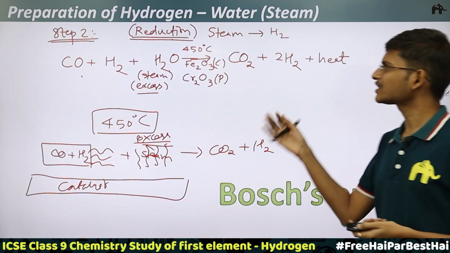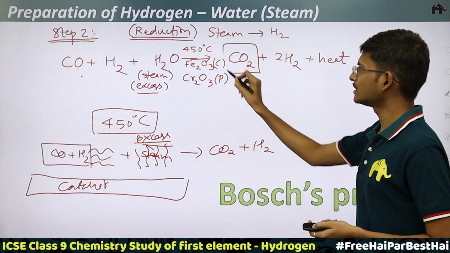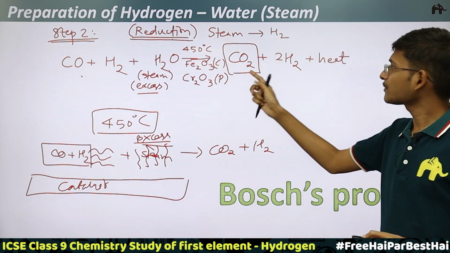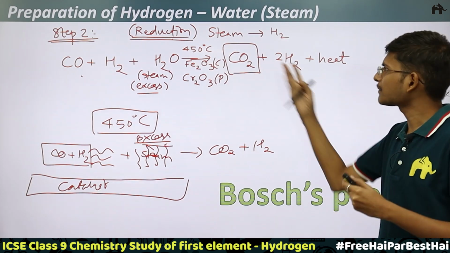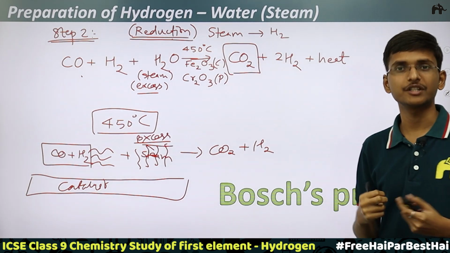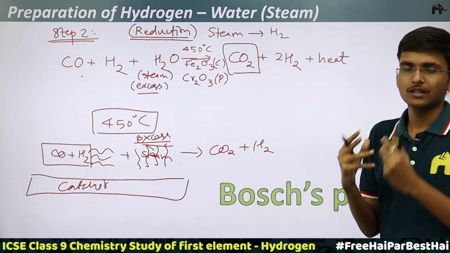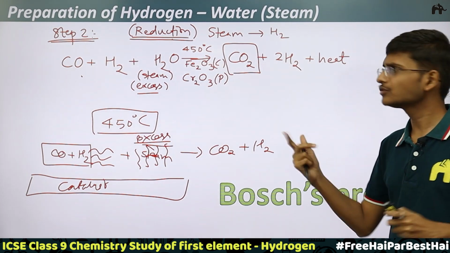In step 2, carbon dioxide, this nasty guy, is present with hydrogen. So we need to remove this carbon dioxide from the carbon dioxide and hydrogen mixture, and then only we will get pure hydrogen. So, how to remove this carbon dioxide?